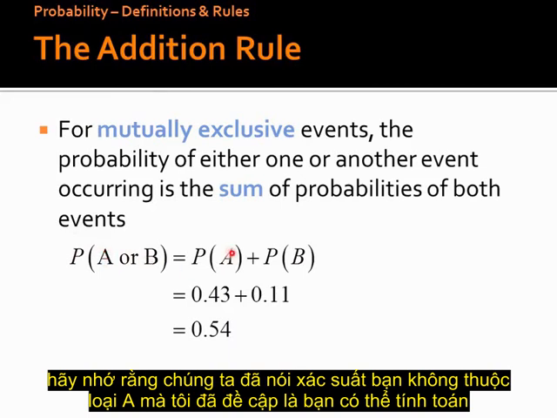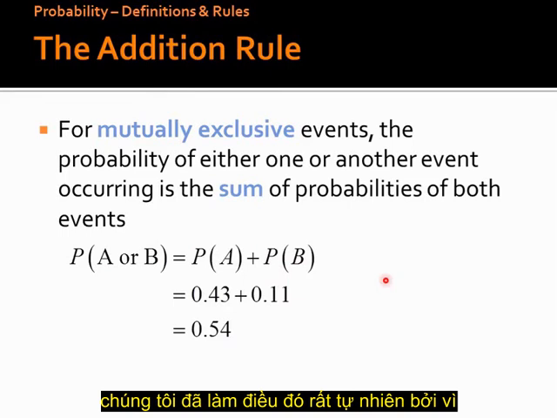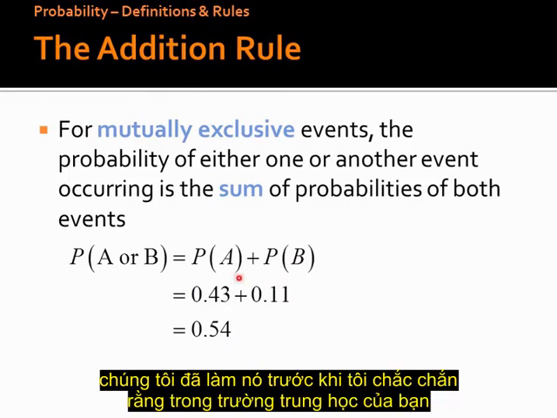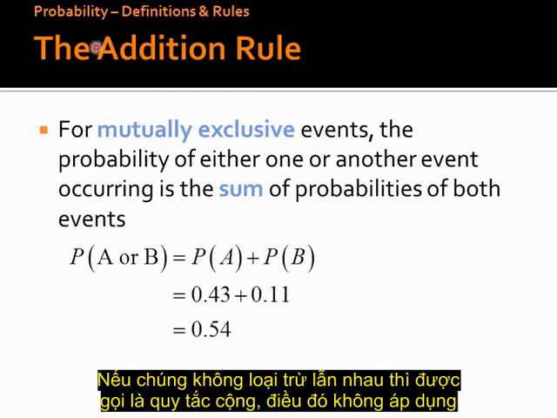I mentioned you could calculate that just by checking the probability of type O plus type B plus type AB, and you added them together. We did that very naturally because we've done that before, I'm sure, in secondary school. But one thing to keep in mind is this only makes sense if your events are mutually exclusive. If they are not mutually exclusive, this so-called addition rule does not apply.